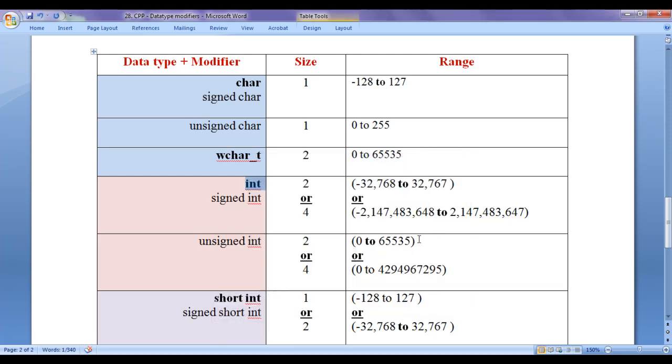That indicates the minimum value possible to store inside 4 bytes of integer type memory is minus 2,147,483,648, guys. And the maximum value possible to store inside 4 bytes of integer type memory is plus 2,147,483,647, guys.